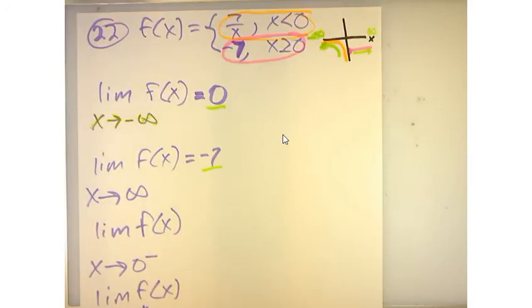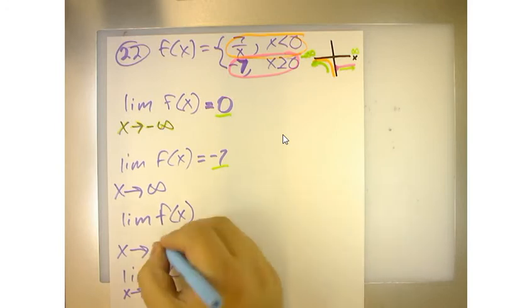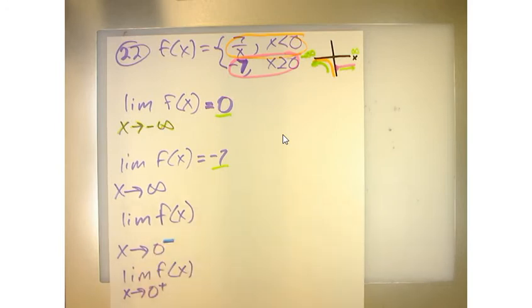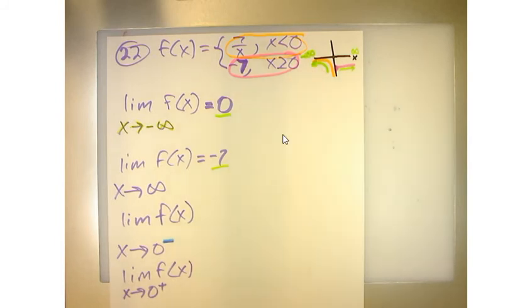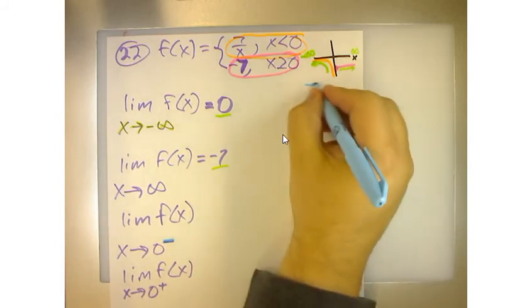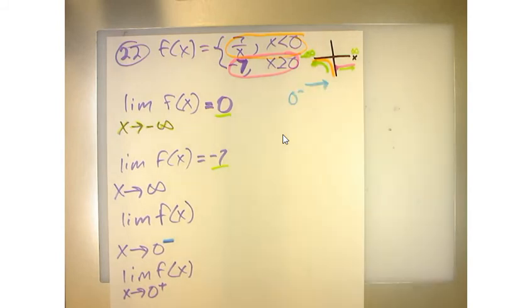f of x as x approaches 0 from the negative direction. Now here, this takes on a whole new meaning because we're approaching 0 from the negative direction. Well, what 0? The x value approaches 0. So now I'm going to go on the curve and I'm going to approach 0 from the negative direction, from negative infinity.